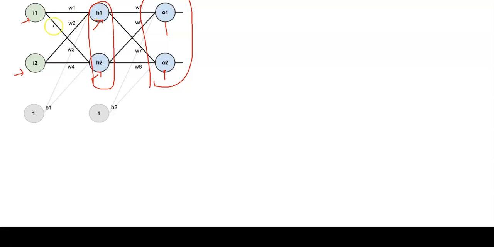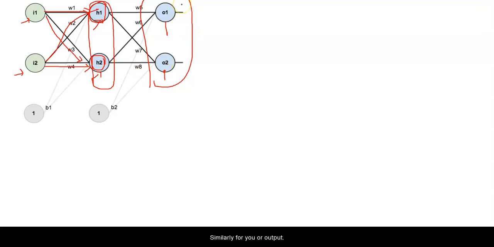So for the neuron H1, you have the weight W1 and the weight W2 coming to it, whereas for the neuron H2, you have the weight W3 and the weight W4 coming to it.